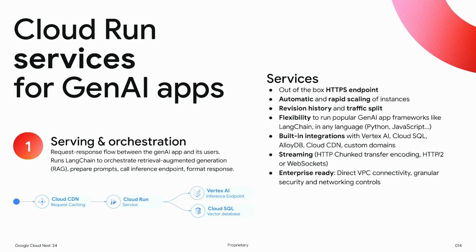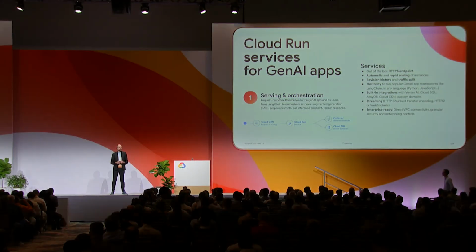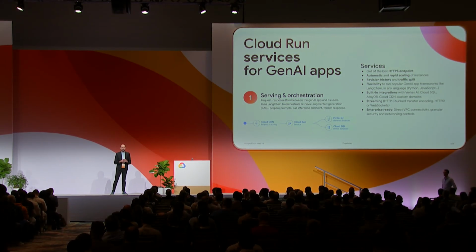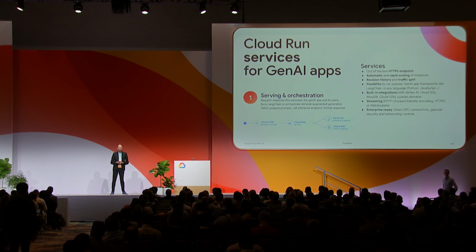That is really important to lower the latency of your LLM app. Right? You want the response to stream as soon as possible to the end user. And finally, Cloud Run is enterprise ready. Cloud Run has direct connectivity to your VPC networks and has very fine-grained security and networking controls.